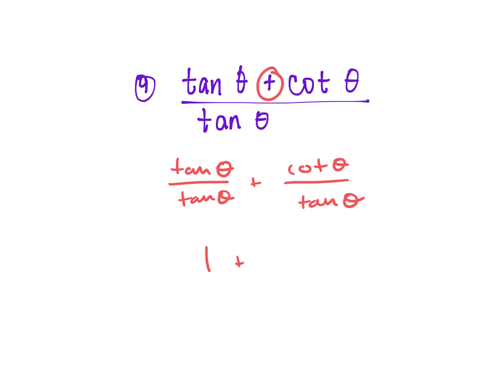What should I do for cotangent over tangent? Well, cotangent is 1 over tangent. Then I can keep, change, flip. So keep the top, change to multiplication, flip the bottom to be 1 over tangent. So here I get 1 plus 1 over tangent squared.